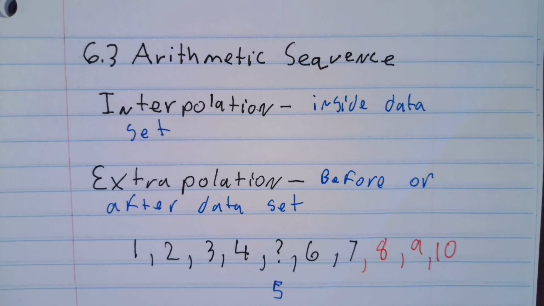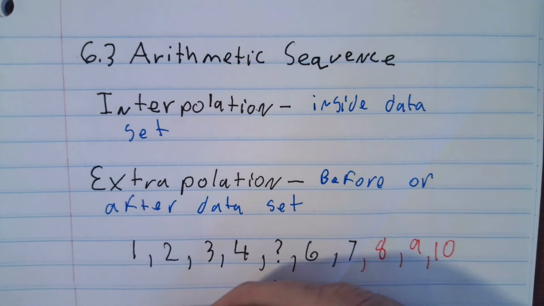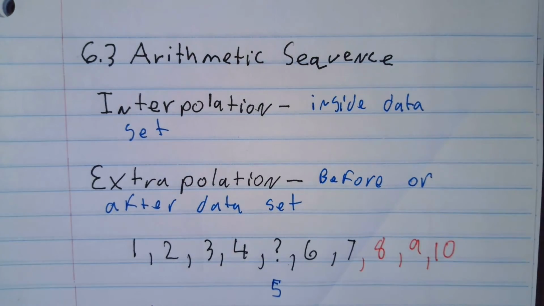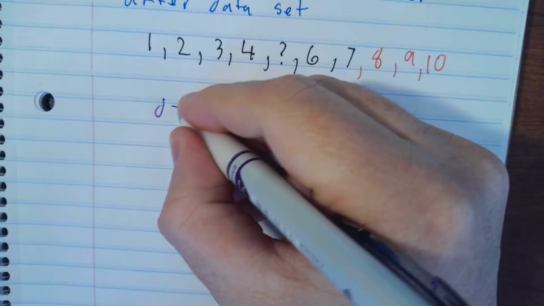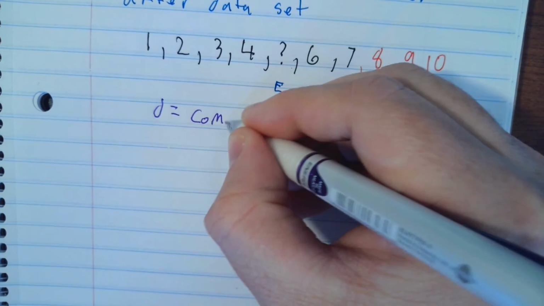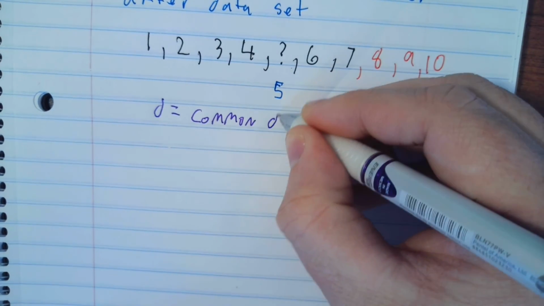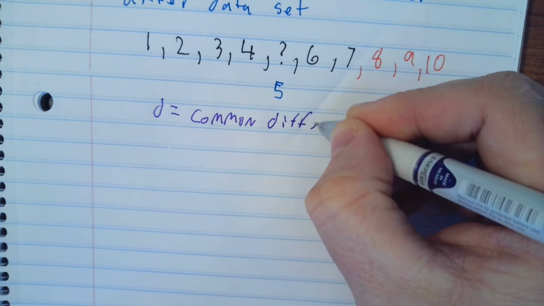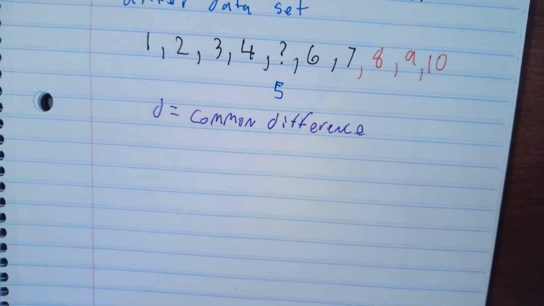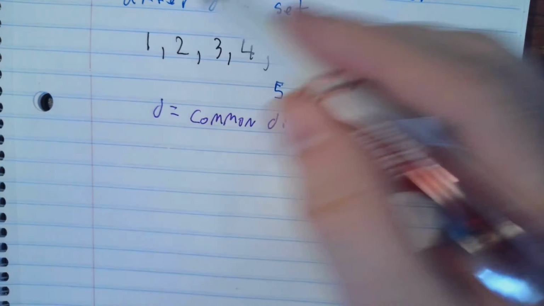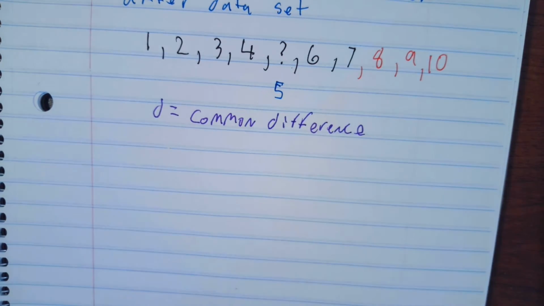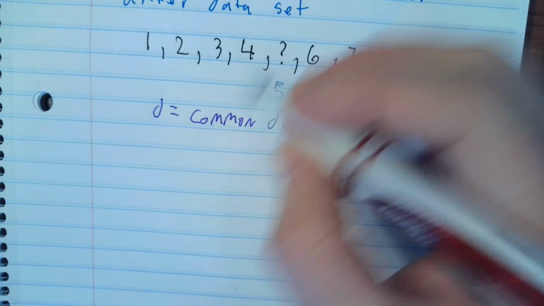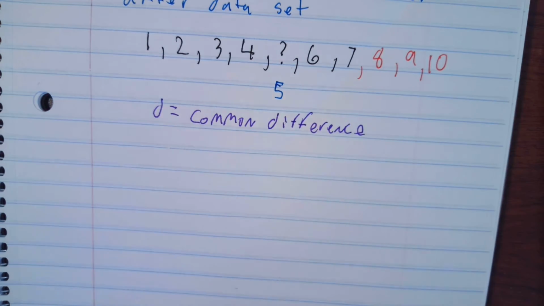So the arithmetic sequence is going to have something called a common difference. So D is going to stand for common difference. And basically on our data set is what is happening. So in this case, to find our common difference, here's the formula.